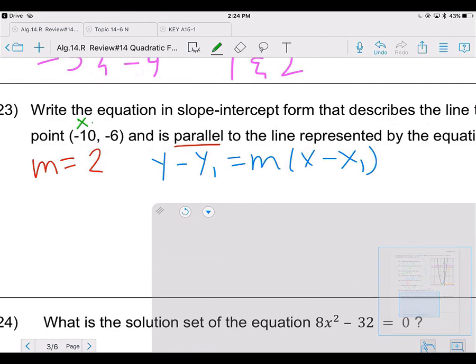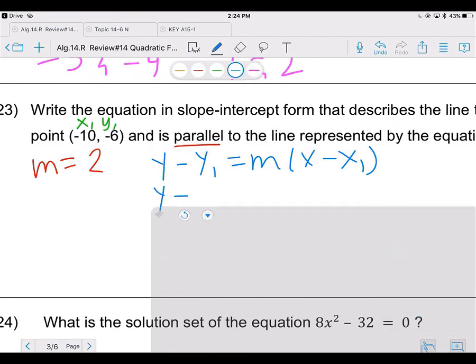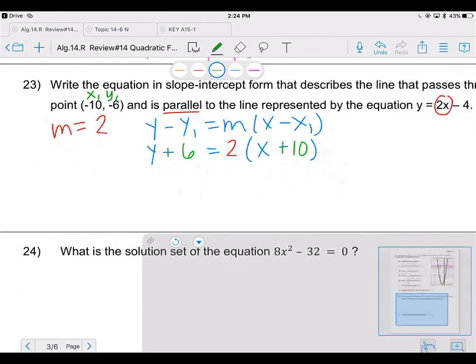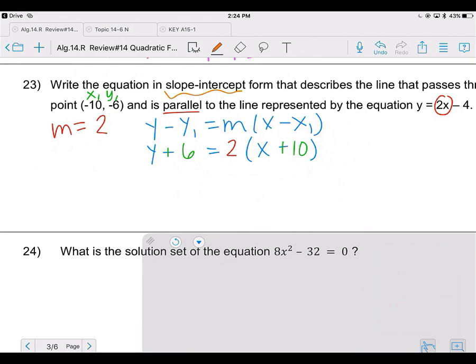So this is my x1 and y1. So y minus -6, minus is a plus, equals my slope of 2 that I stole from the original problem. X minus -10 makes it a positive 10. The last thing I need to do is get this in slope-intercept form, which is where you have y equals by itself.